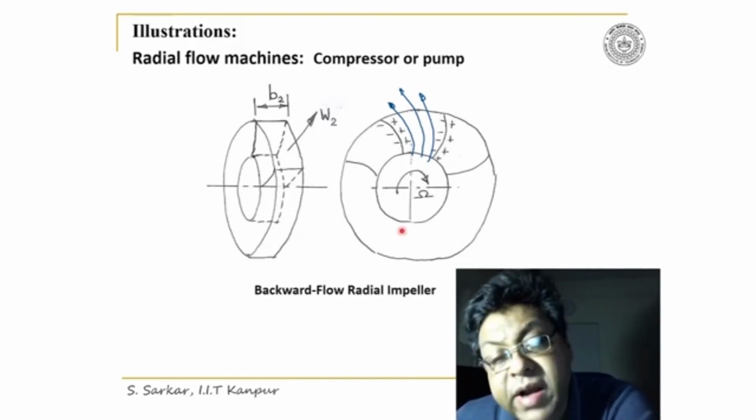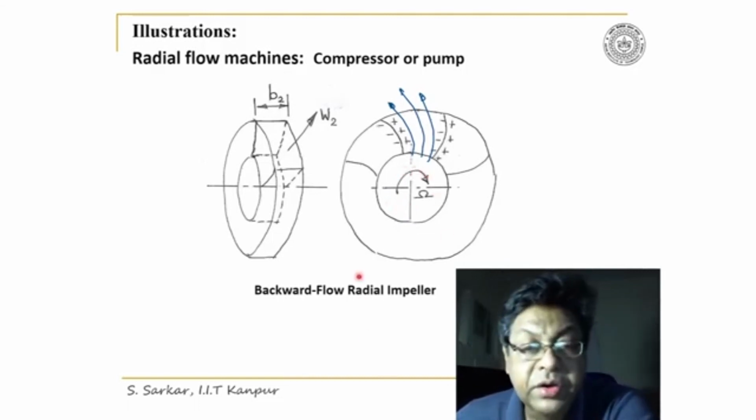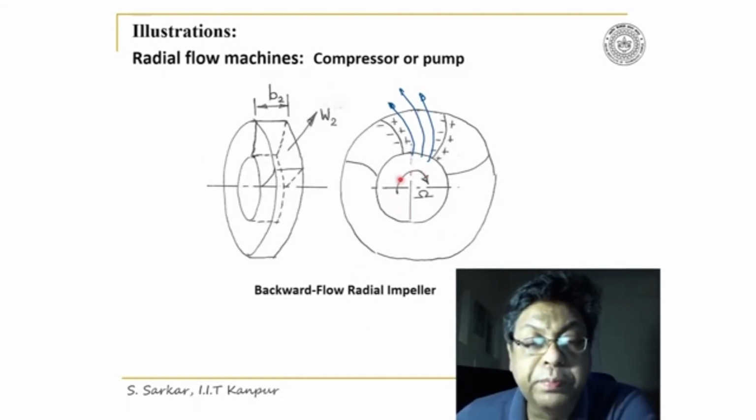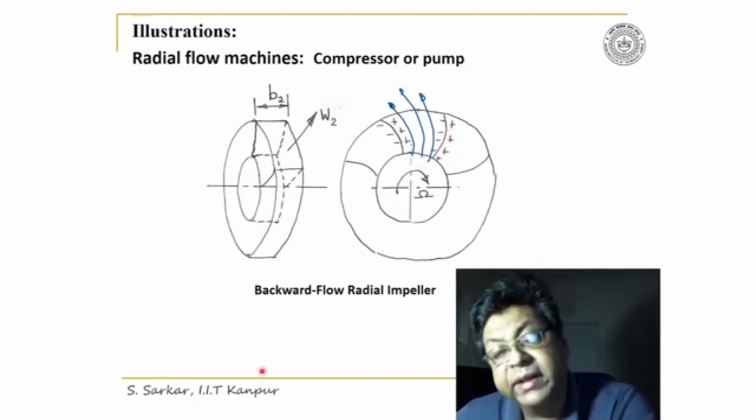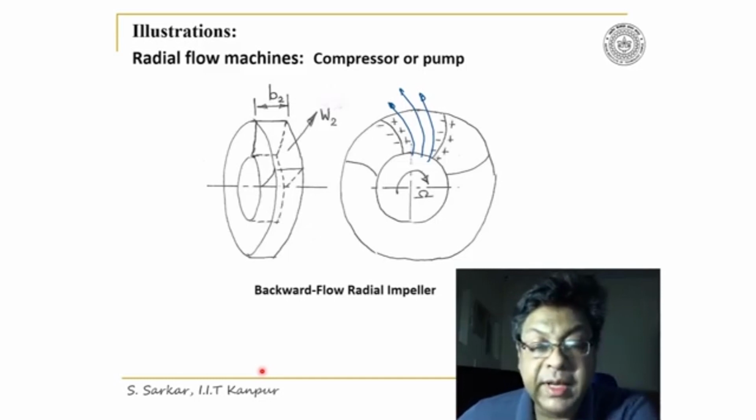So you can understand by the direction of rotation, you need to push the fluid against the high pressure side, and thus you need to add the energy from the outside. So it would be a compressor or a pump impeller.